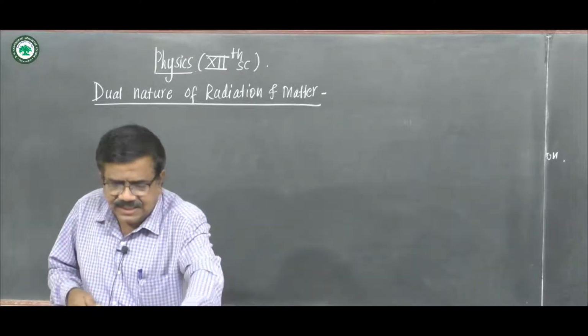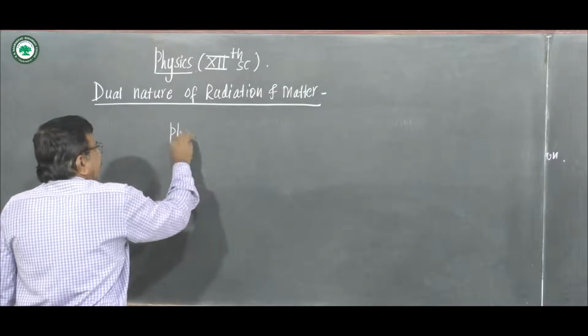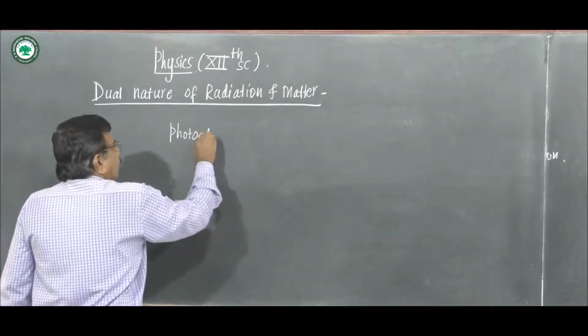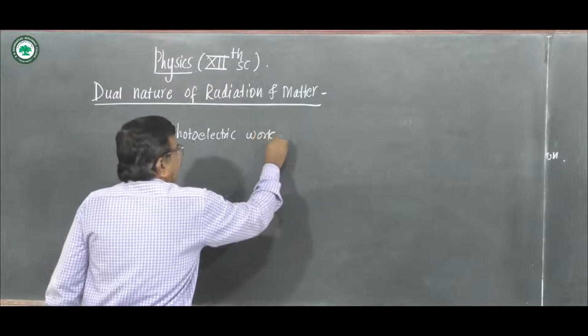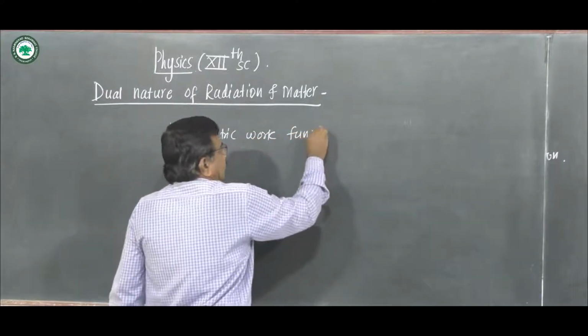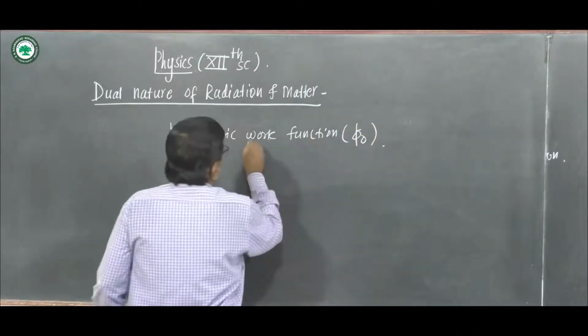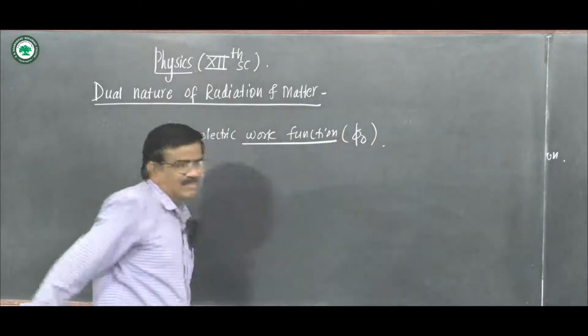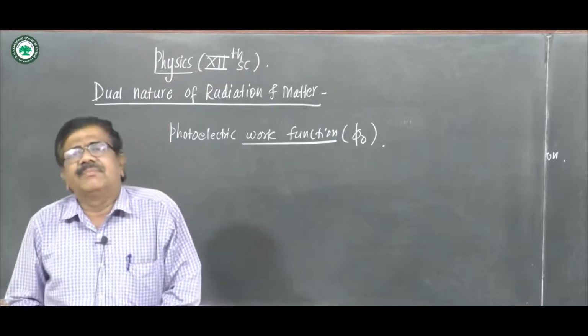That energy is called the photoelectric work function, denoted by phi 0, or it is simply called the work function.